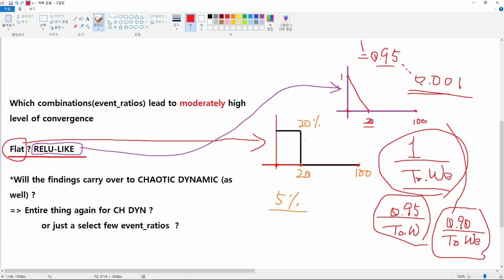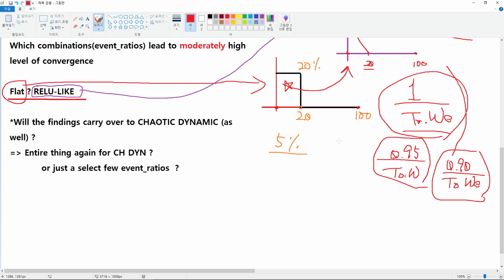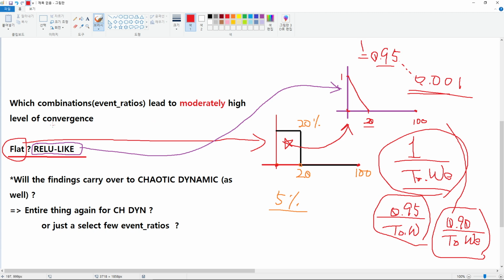Now, this change: it used to be this one, but then I changed it to this, because most of the time the entities were converging too much, which is why I wanted to emphasize the words moderately high convergence.